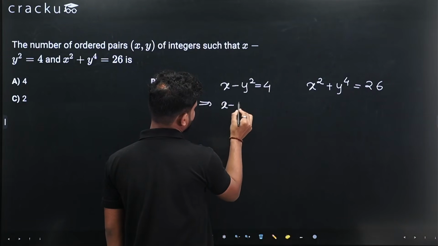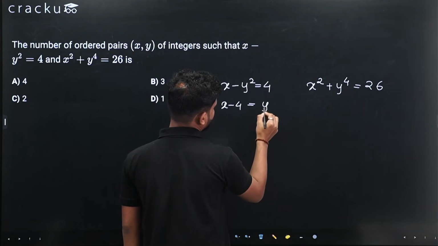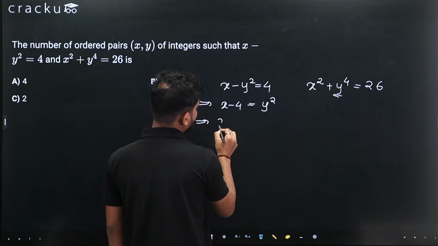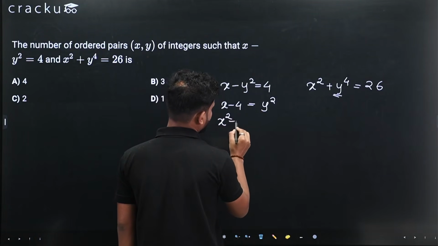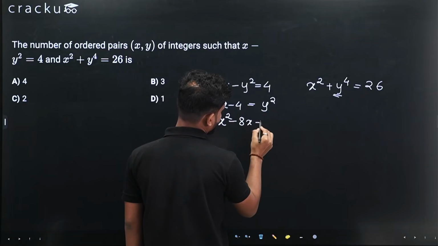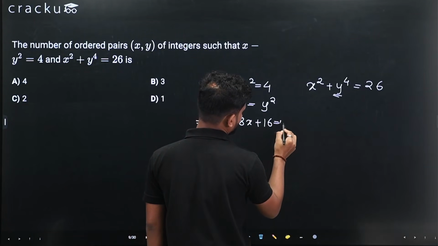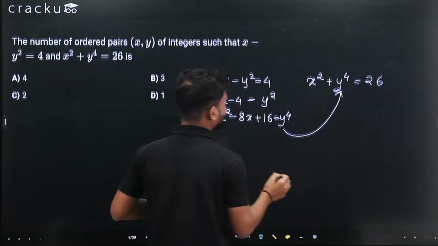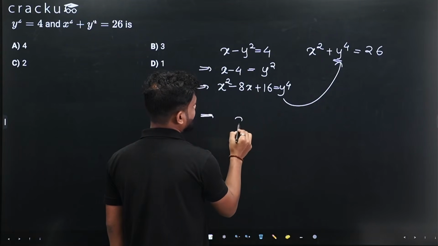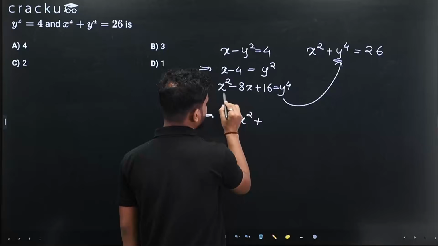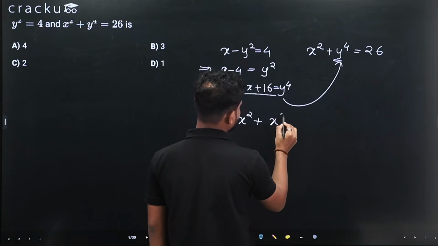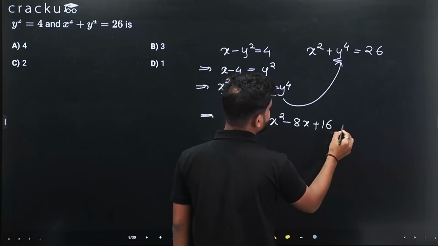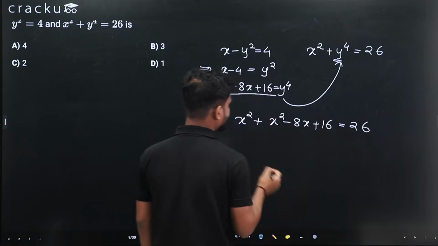You can say x minus 4 is equal to y square. I want y raised to 4. So what is y raised to 4? It is nothing but x square minus 8x plus 16. Now substitute this value in the given equation. You will get x square plus x square minus 8x plus 16 is equal to 26.